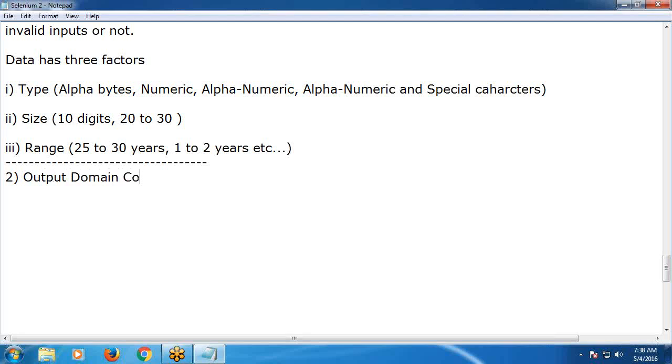Output domain coverage. What is output domain coverage? Verifying whether the system is providing the correct output or not, based on input and process.